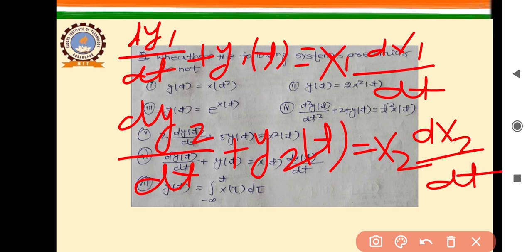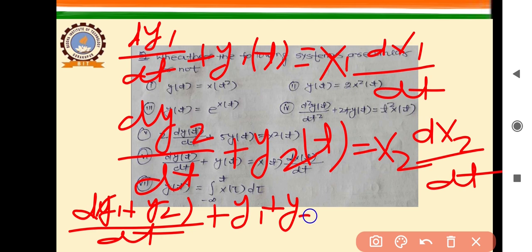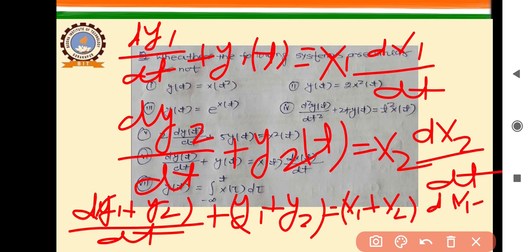On adding them we will get d of y1 plus y2 by dt plus y1 plus y2 is equal to x1 plus x2 into d of x1 plus x2 by dt.